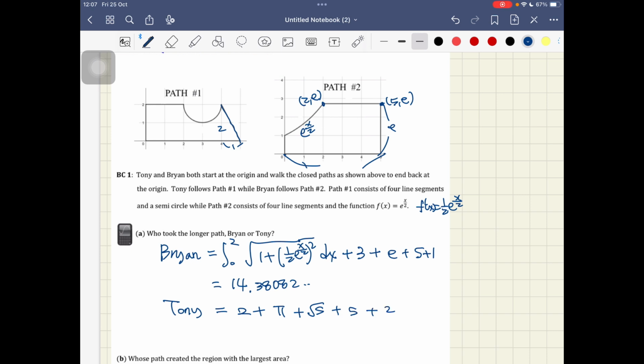So when we add them together, pi plus the square root of 5 plus 9, that's 14.37766. Therefore, Brian took the longer path.